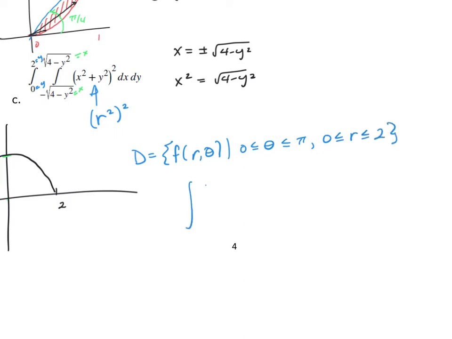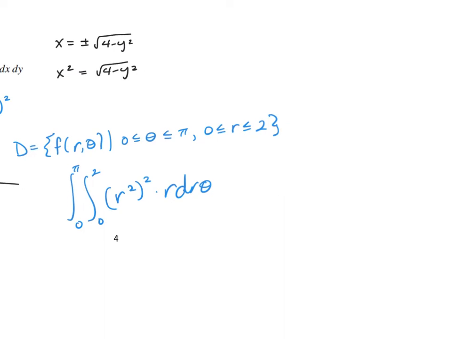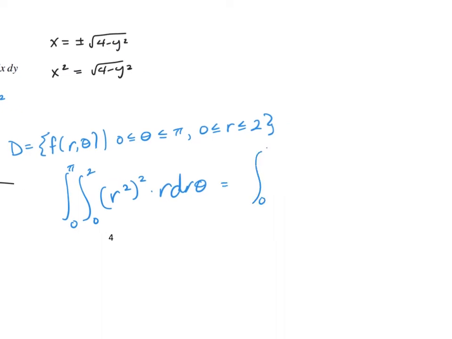So my integration from 0 to pi, from 0 to 2, of r squared squared multiplied by r dr d theta. So this is going to be from 0 to pi, from 0 to 2, of r to the 5th, and that's because I have r squared squared multiplied by another r. And then I don't know why I didn't have a d theta there. Let me go ahead and put my d theta. So d theta, and then dr d theta.